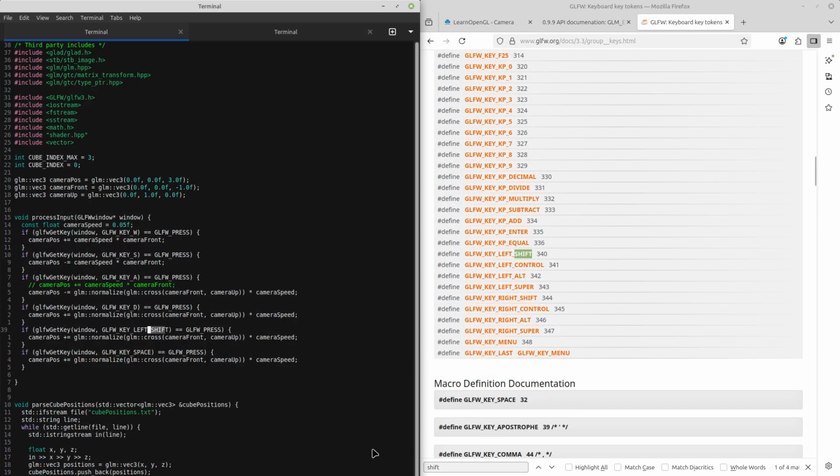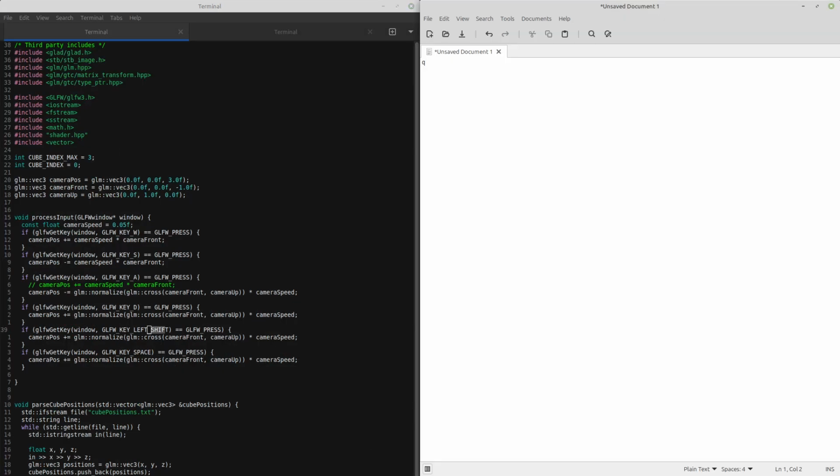But what we actually want to do, figure out the math for this, is our scene is like this. Then our A moves us this way, D moves us this way, W moves us in, S moves us back.